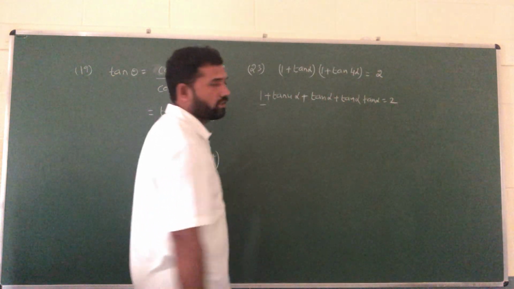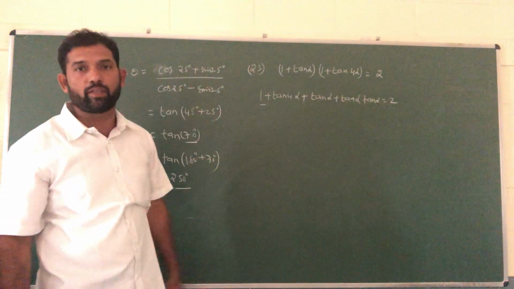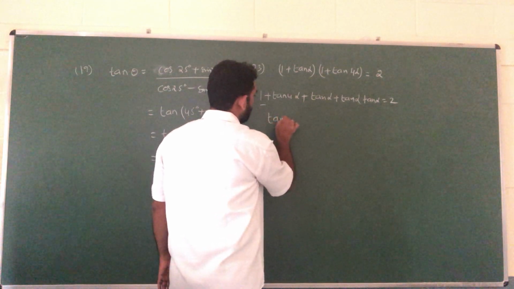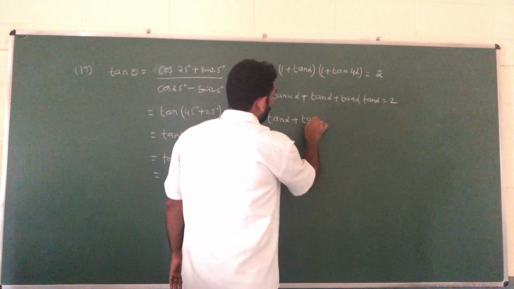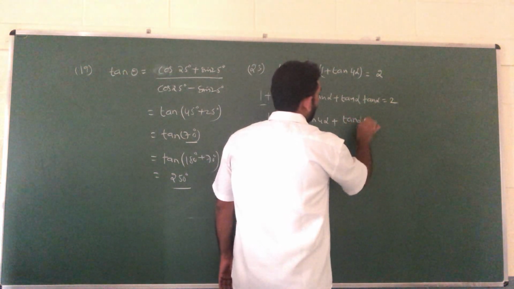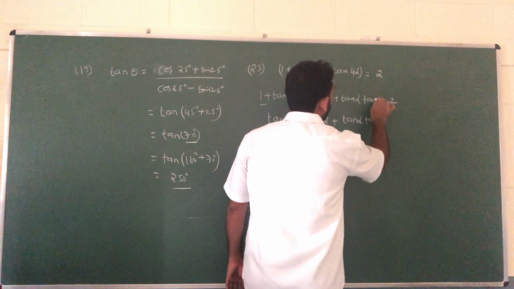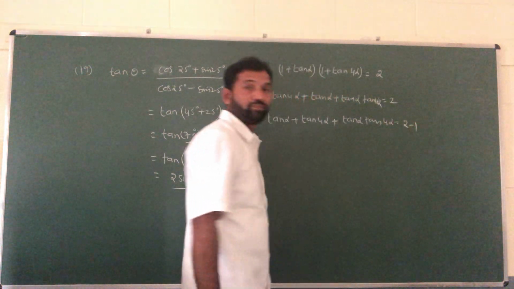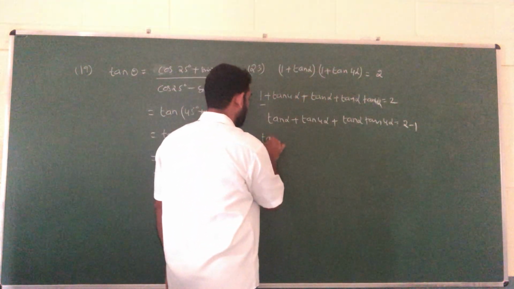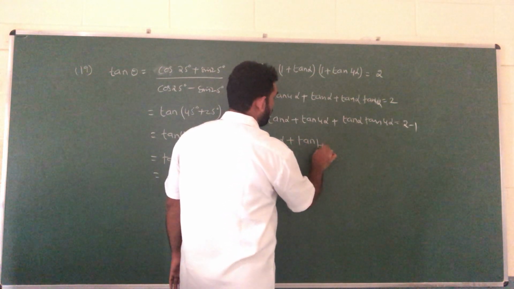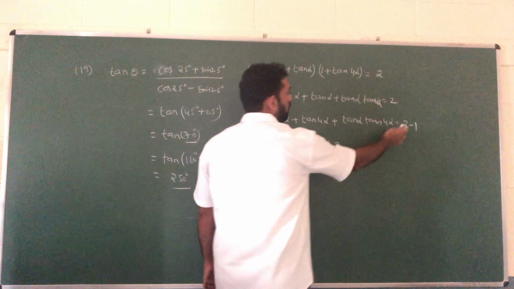So 1 is subtracted; write on the RHS, 2 minus 1. So tan alpha plus tan 4 alpha plus tan alpha tan 4 alpha is equal to 2 minus 1.